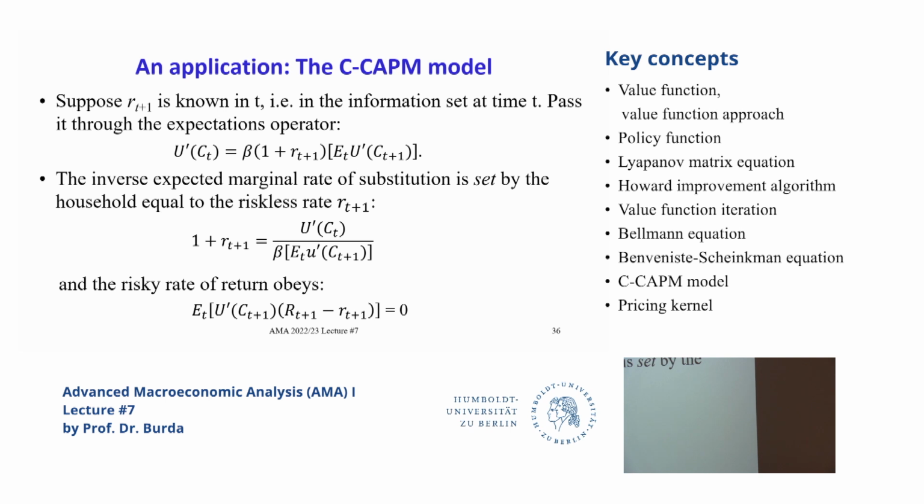Since R_t is known, we can bring it to the left-hand side, and solve for the real interest rate as a function of the known marginal rate of substitution, because you're planning your policy C_t for every state of the world in C_{t+1}, and the expectation of that would give you the value of the so-called riskless rate of return.